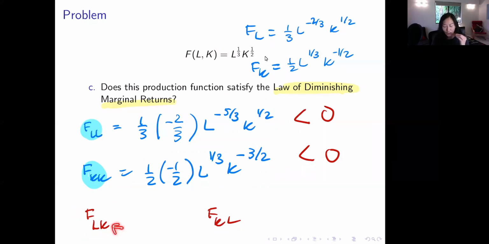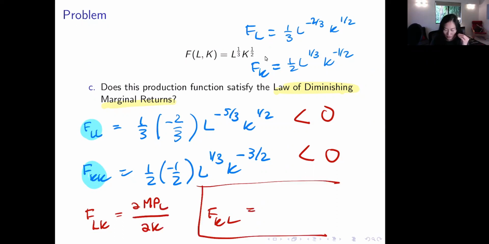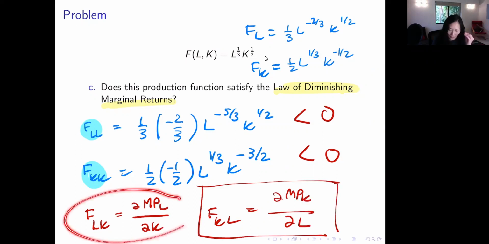When K changes, this is equal to the change in the MPL over the change in K, whereas this one is the change in MPK over the change in L. So this one means that when K changes, how much it affects the marginal product of another input, labor.